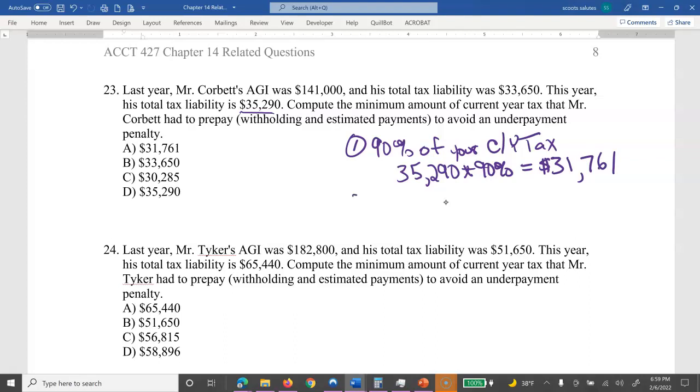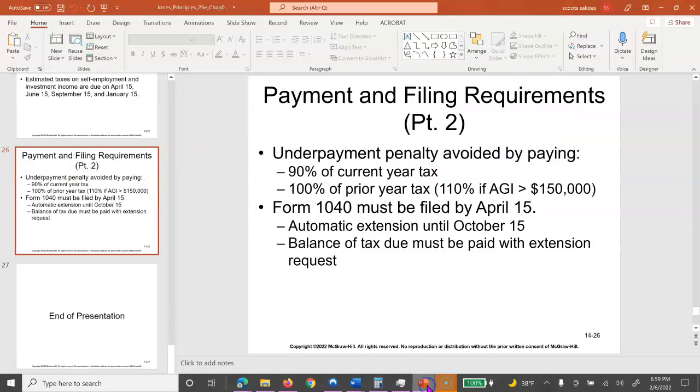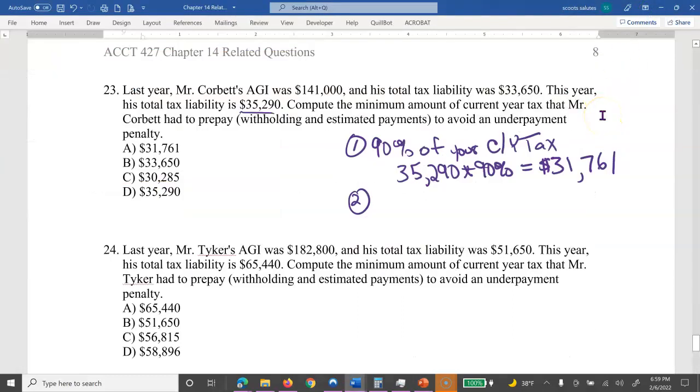Then the second thing is, let's see which one of these applies. AGI was 141,000. So we need to see, are we going to multiply that by 100% or 110%? Well, he's just below that mark of 150,000 AGI. So he could either have paid 90% of the current year tax or 100% of the prior year, since he was not over the AGI limit.